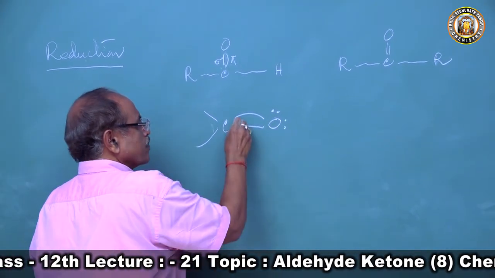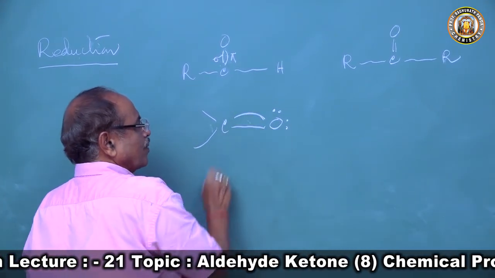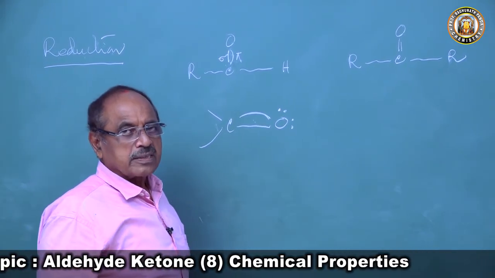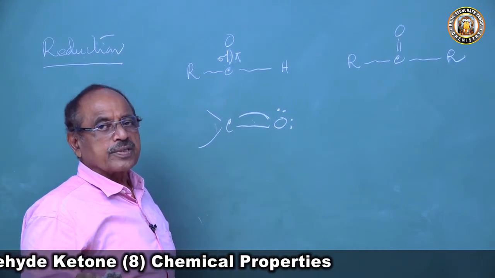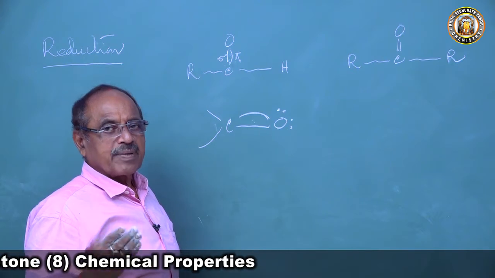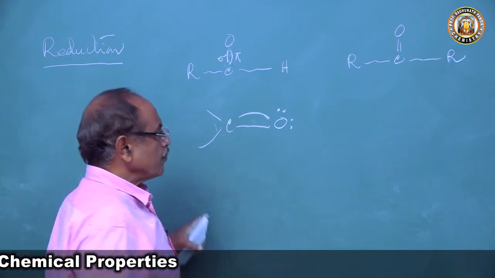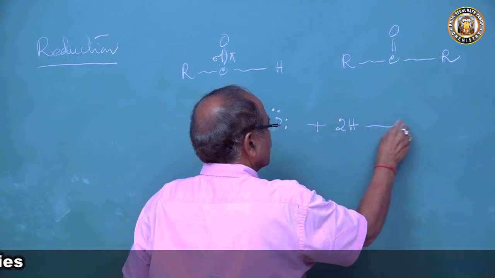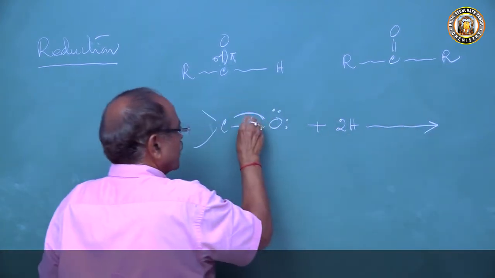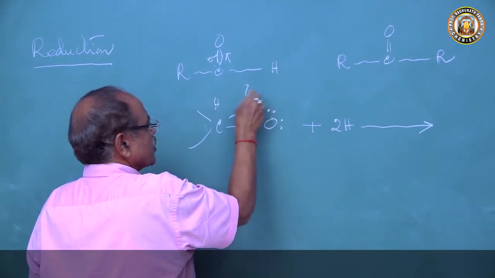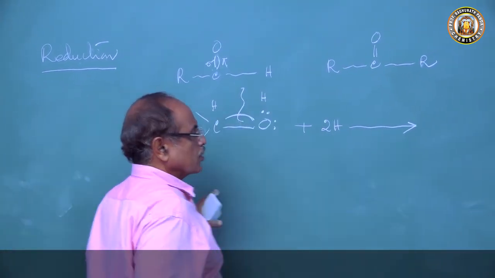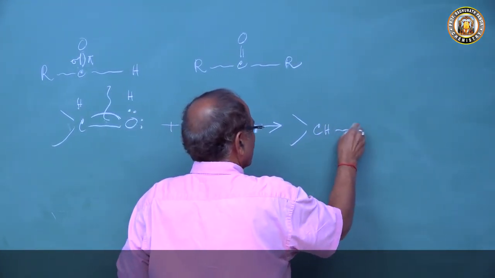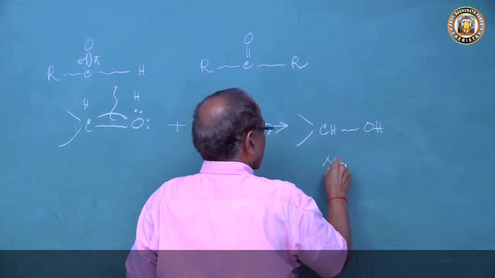Why? The pi bond is a weak bond, a loosely held electron cloud, more diffused into space, and it can easily break. So if we add 2 hydrogen, it can undergo addition reaction. The pi bond will break, with H on this side and H on that side, and we will get a product CHOH, an alcohol.